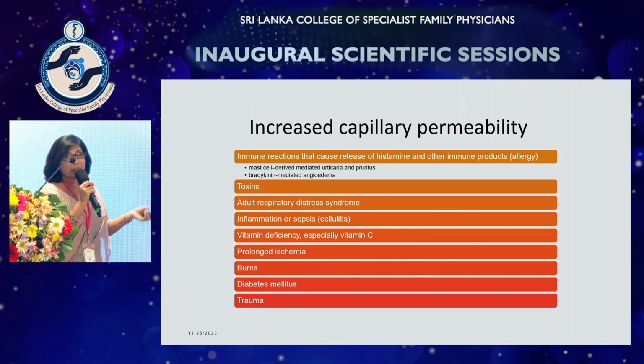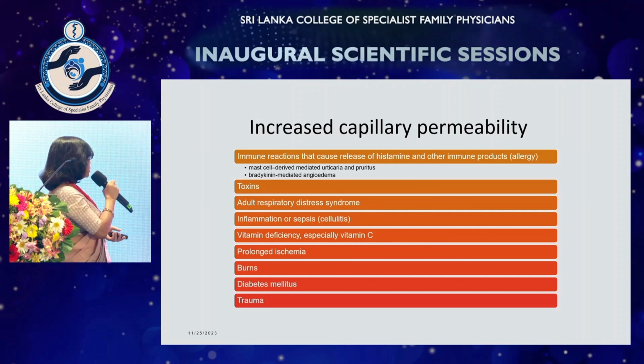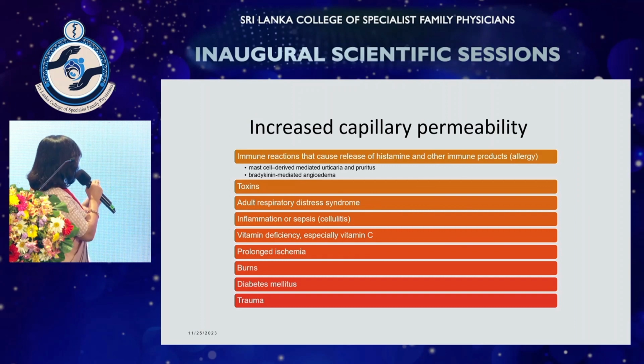In these instances, there is increased permeability of vessels. The same thing will happen after exposure to toxins, as well as adult respiratory distress syndrome, inflammation after sepsis, vitamin deficiencies, especially vitamin C, and prolonged ischemia, burns again, and diabetes mellitus, remember, as well as trauma.